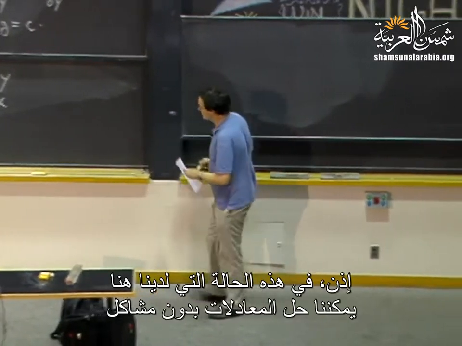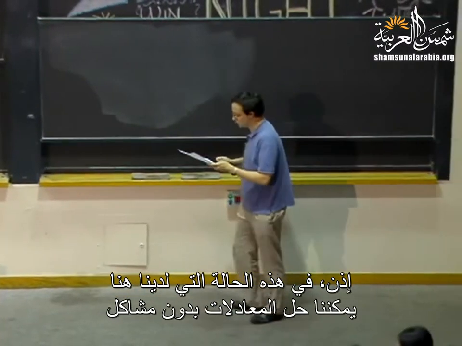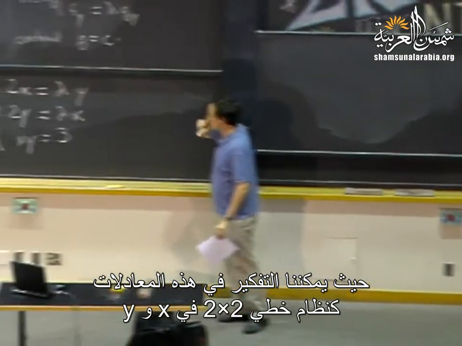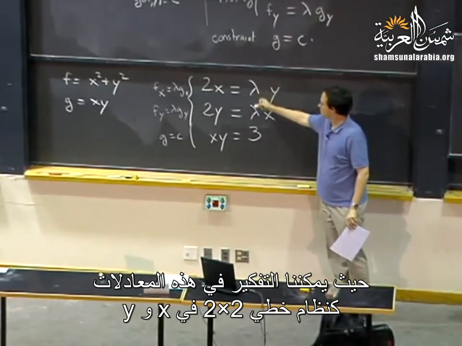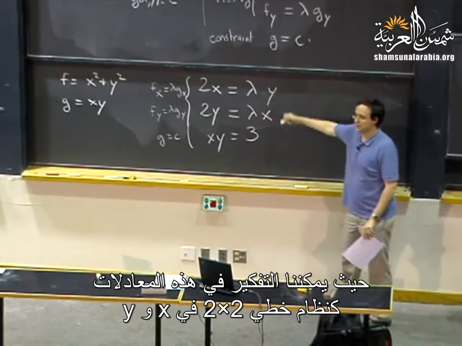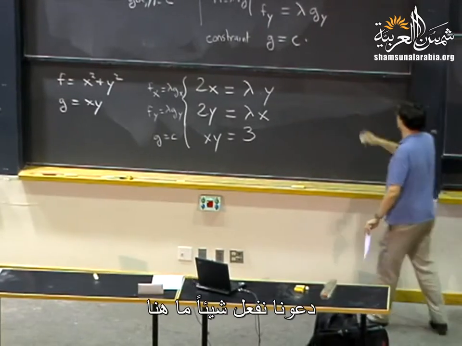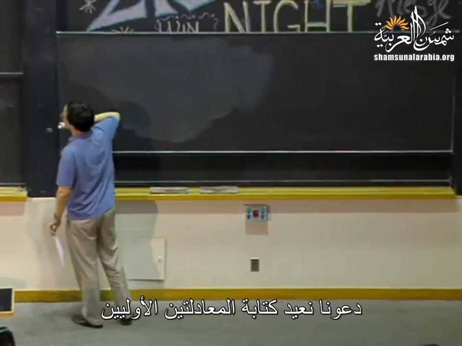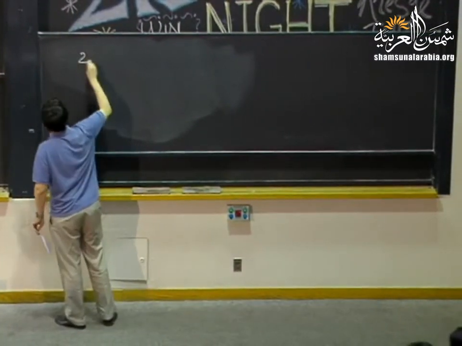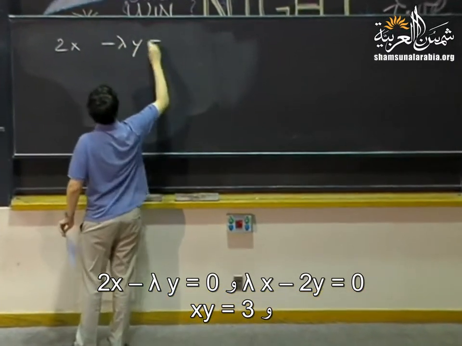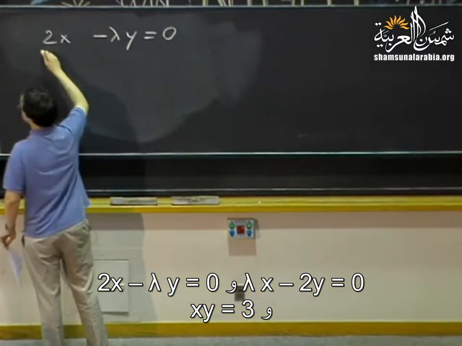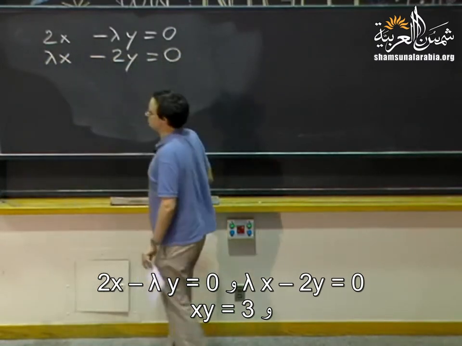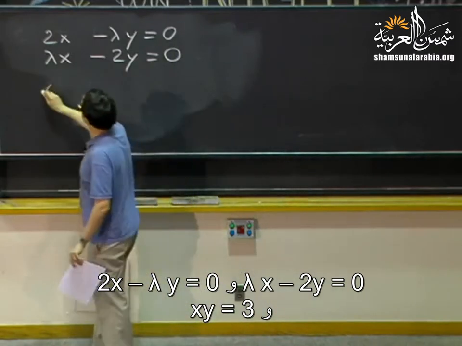So in this case, I claim we can actually do it without so much trouble. Because actually we can think of this as a 2x2 linear system in x and y. Let me rewrite the first two equations as 2x minus lambda y equals 0 and lambda x minus 2y equals 0, and xy equals 3.